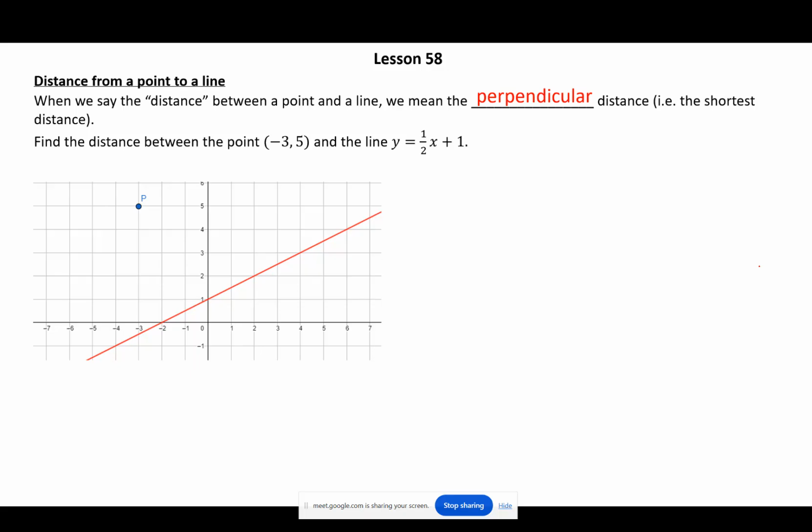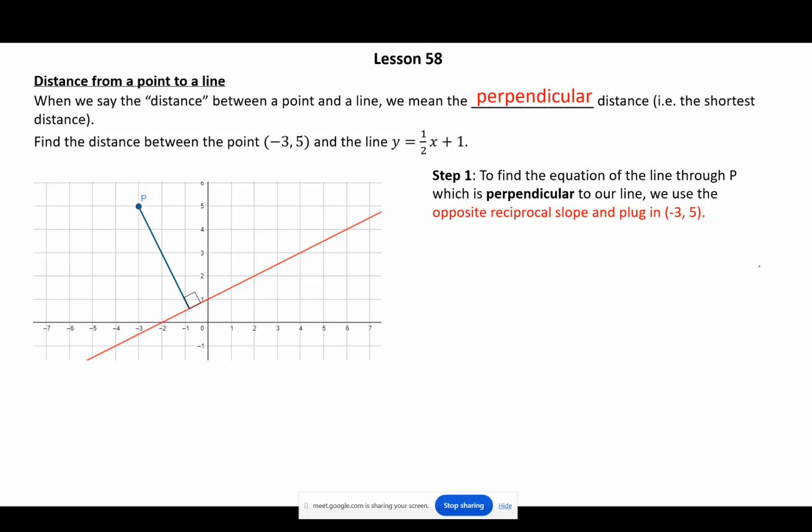So if you have a point here, like this point P, and you want to know the distance between P and this line, you are talking about the perpendicular distance, straight down to the line, shortest possible distance. To find the equation of the line through P, which is perpendicular to our line, we use the opposite reciprocal slope and plug in negative 3, 5.